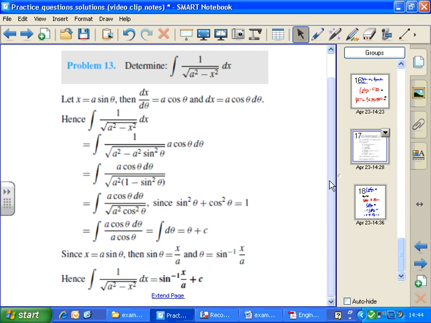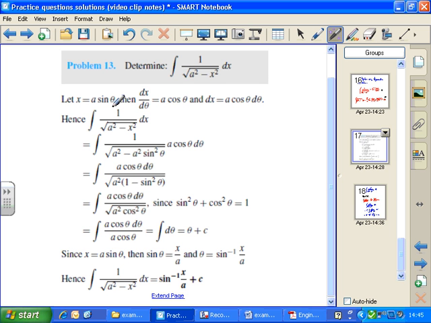If I let x equal a sine theta and differentiate it to get dx by d theta equals a cos theta, and then rearrange dx equals a cos theta d theta, it's a substitution, very like algebraic substitution.